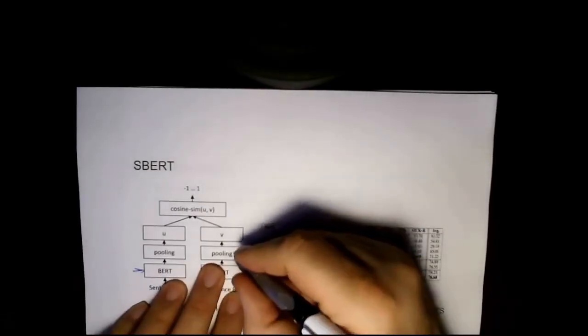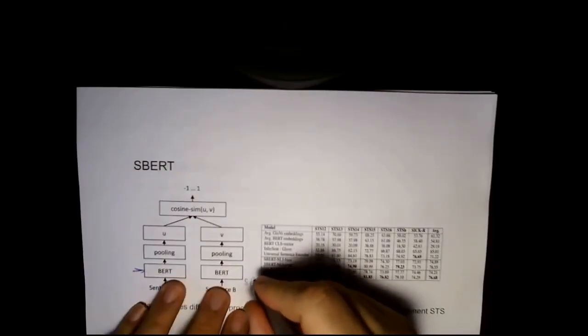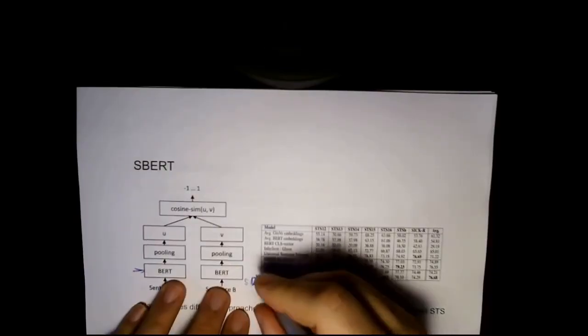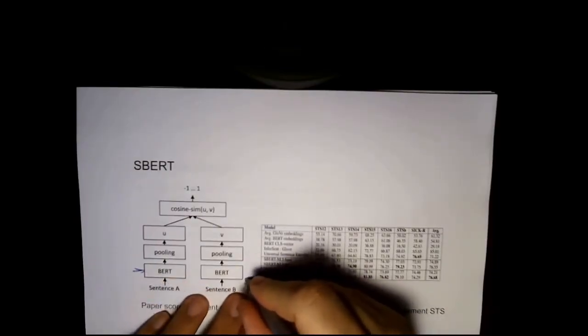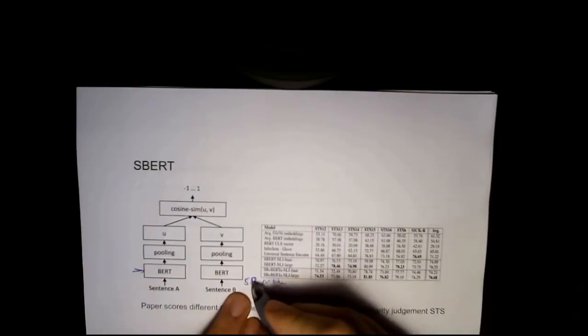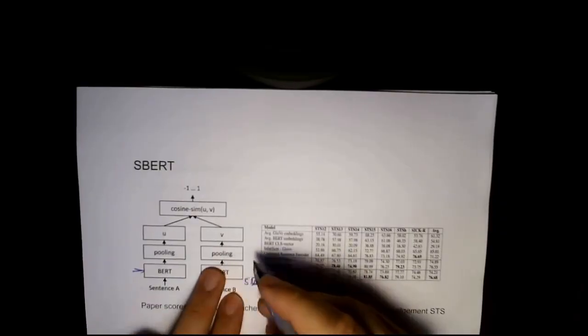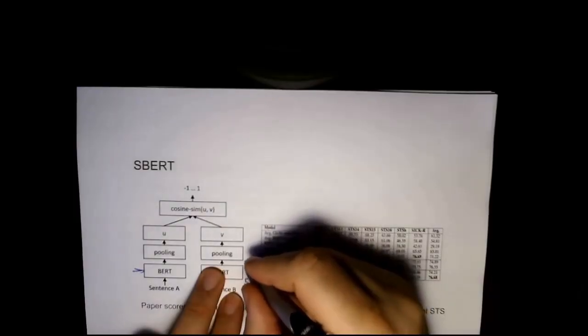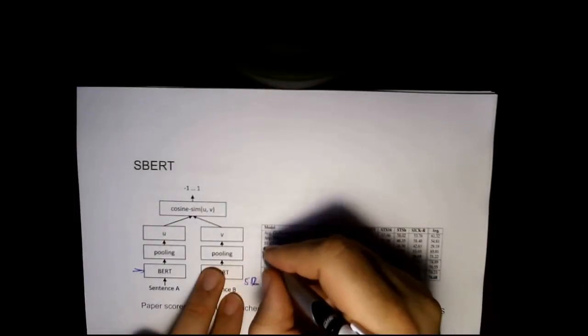And then it does a pooling. What the pooling does is simply say that this might be a 512 per token dimension, and what this does is downsample. It'll do a smoothing operation or an averaging operation.